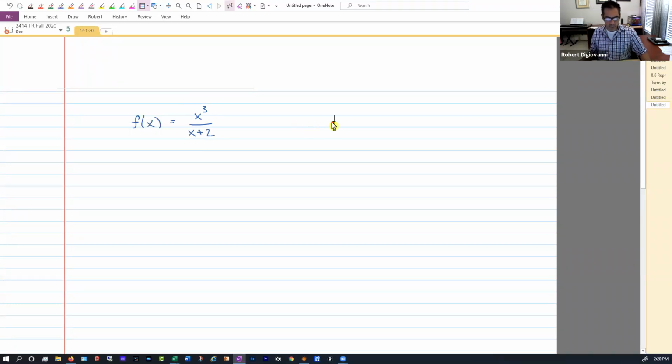And what we determined was that the power series for this was this. Now, we didn't write out the first few terms, but I'm going to do that right now. If I plug in 0, I'm going to get 1/2 x cubed. If I plug in 1, I'm going to get negative, help me out.